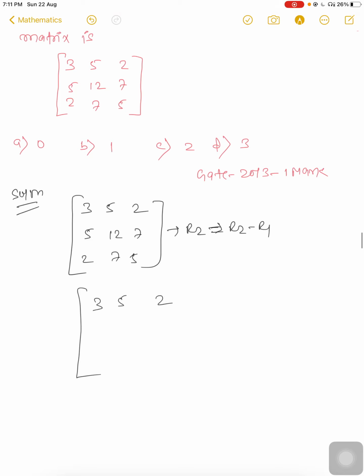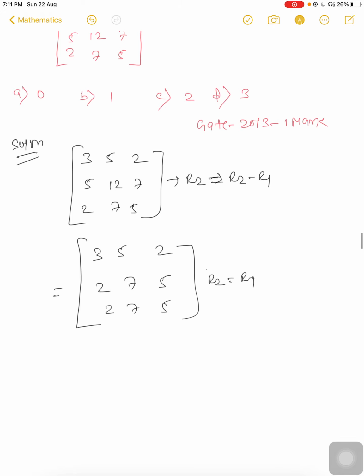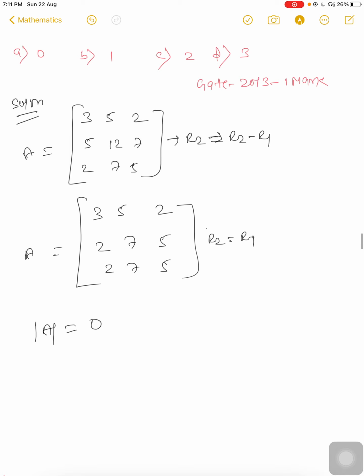Then 3 5 2, then 2 7 5, and here you will get 2 7 5, so a row is common. R2 plus is equal to R1, so the determinant of this one will be 0. Let us consider this matrix as A. The determinant of this matrix will be 0.